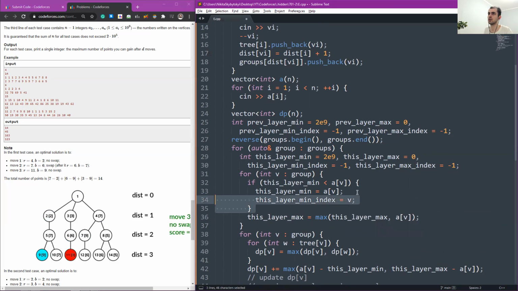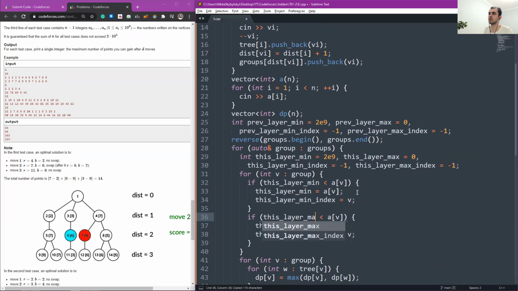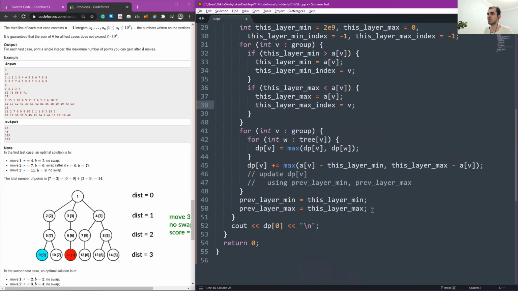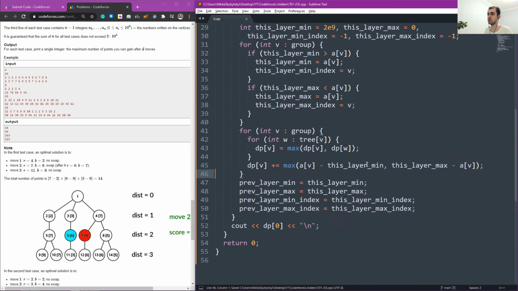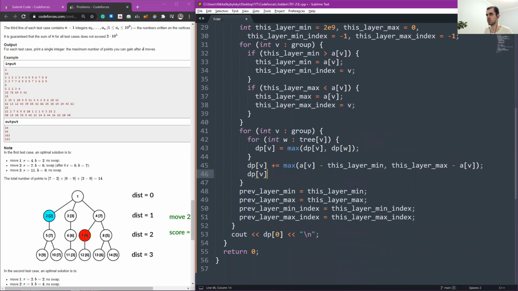Come on. That's the wrong way around. I suppose we gain from min to max or from max to min.